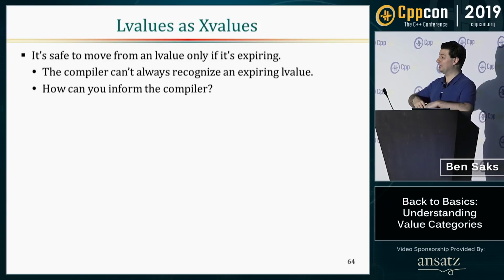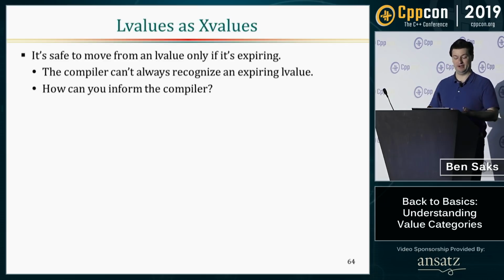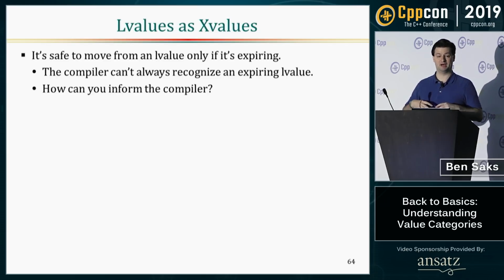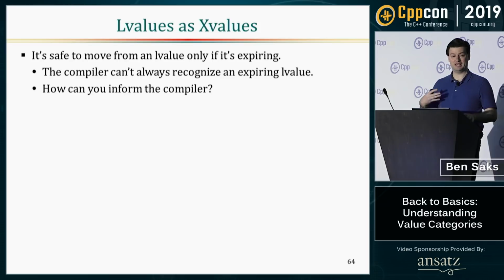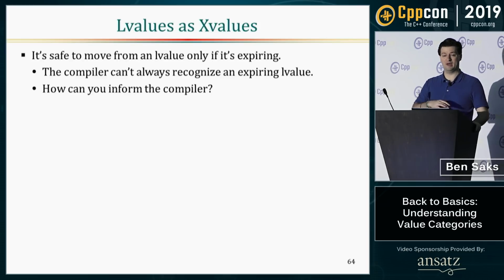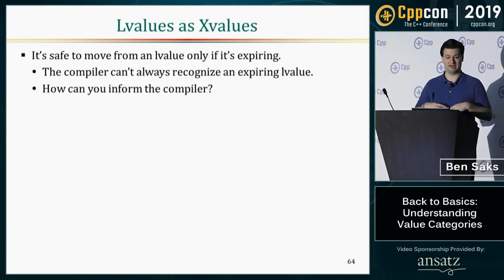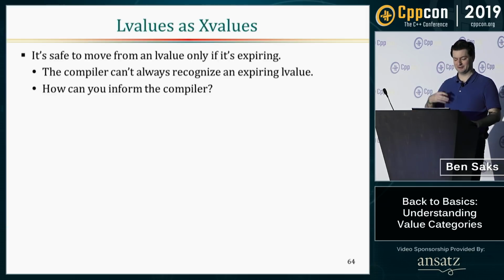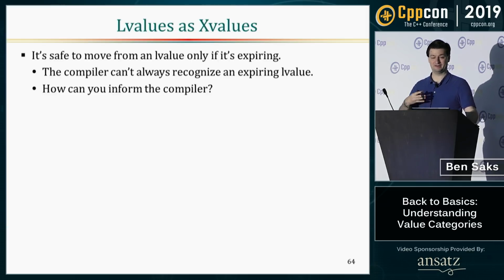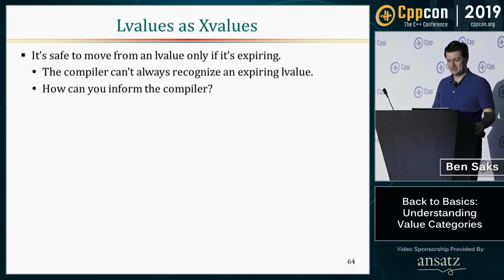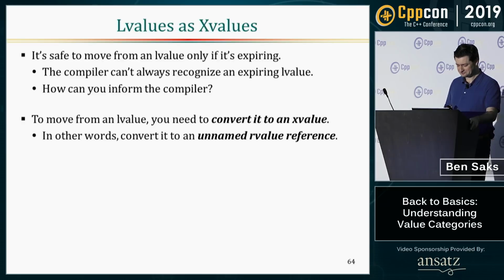So it's safe to move from an lvalue if it's expiring, but the compiler can't always tell when an lvalue is about to expire. In some cases, the programmer has knowledge that the compiler can't easily discern. So how can we tell the compiler that an lvalue is about to expire?